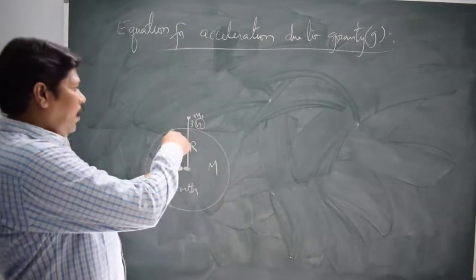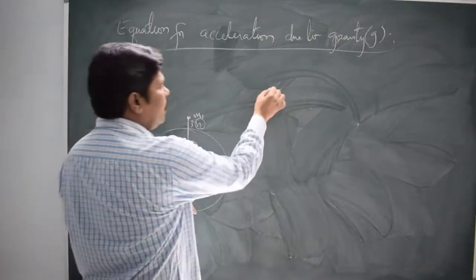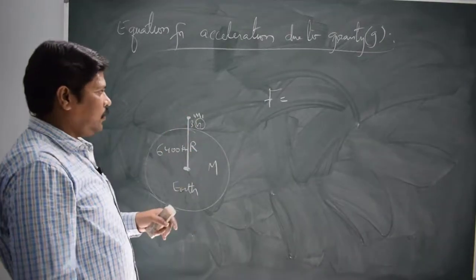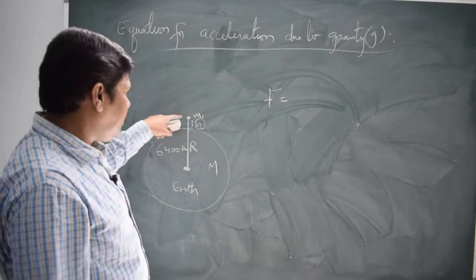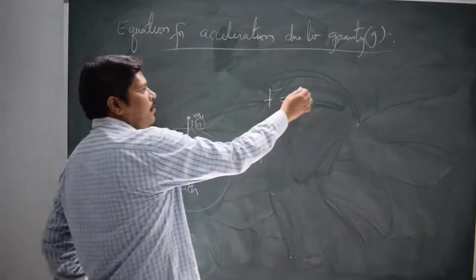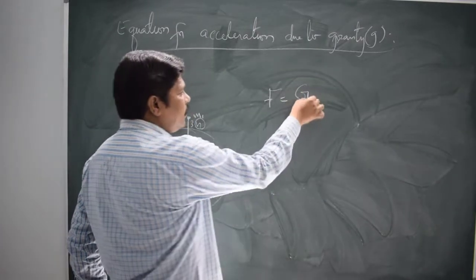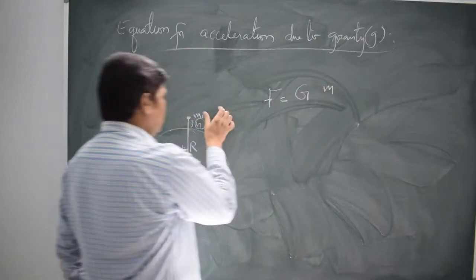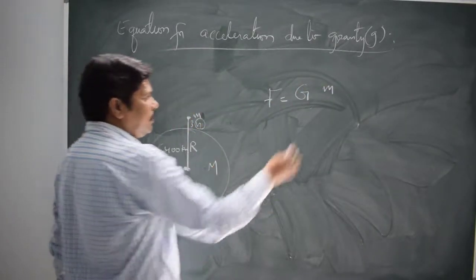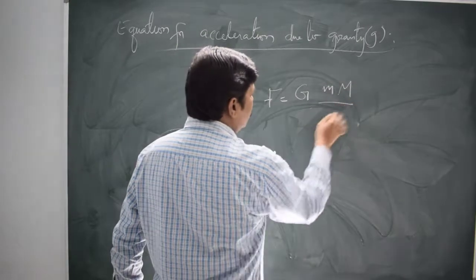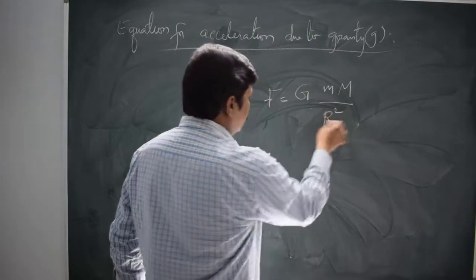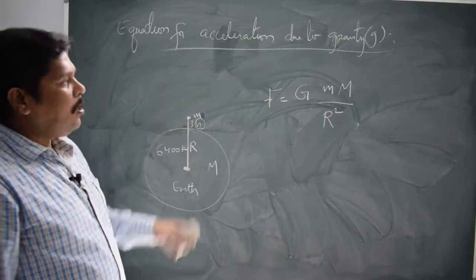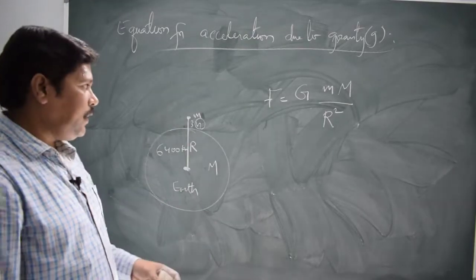According to the universal law of gravitation, the gravitational force experienced by this object is F equal to G M m by r square, where small m is the mass of the object, capital M is the mass of the earth, and r is the distance from the center of the earth to the object on its surface.